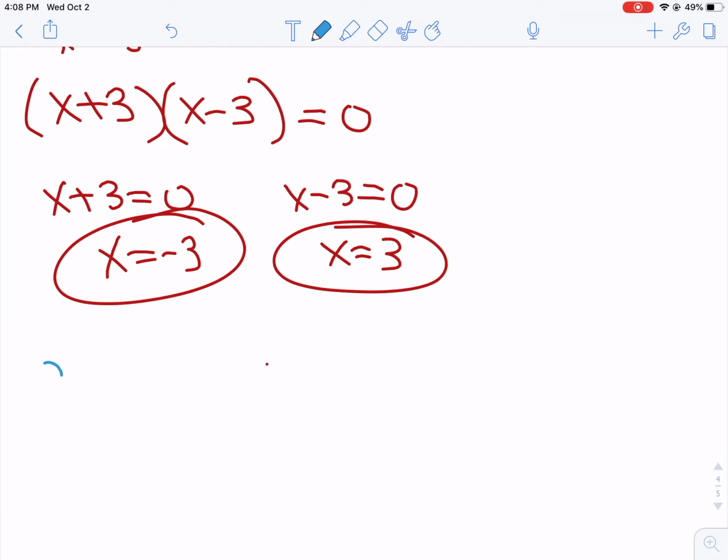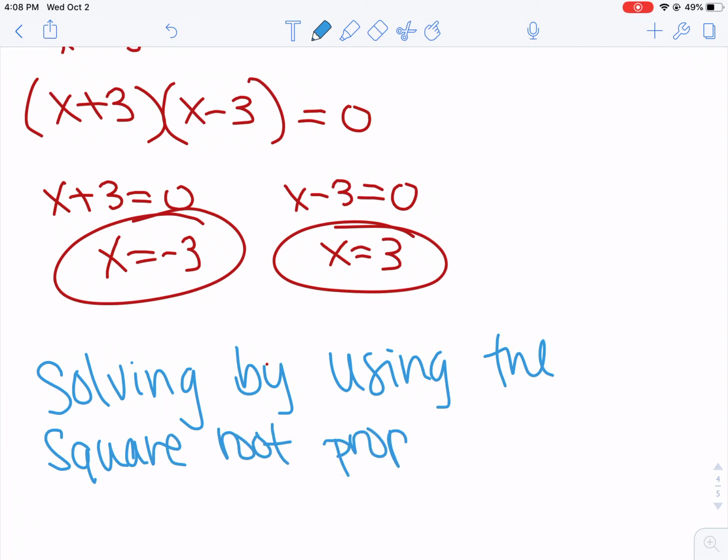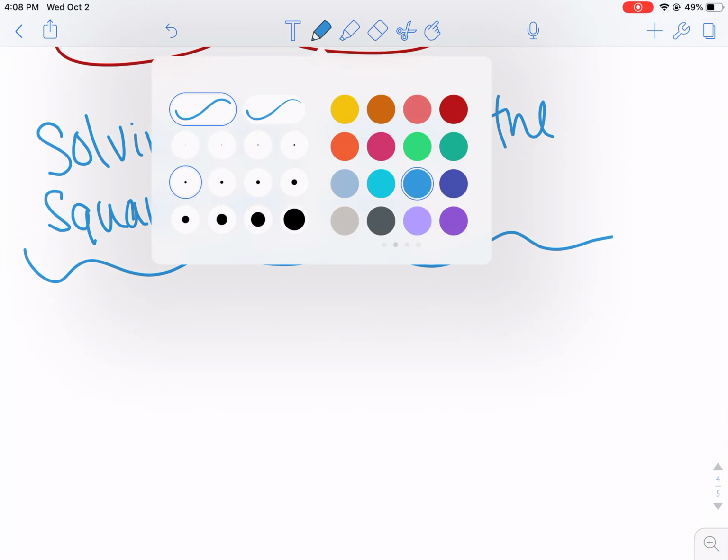So we're going to now talk about solving by using the square root property. First of all, we have to know what the square root property says.